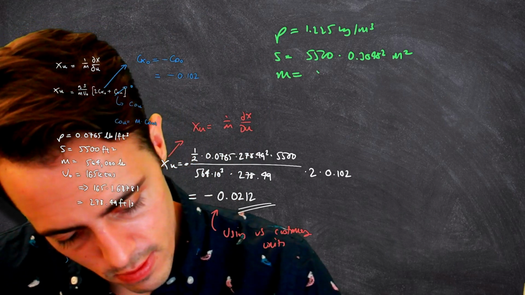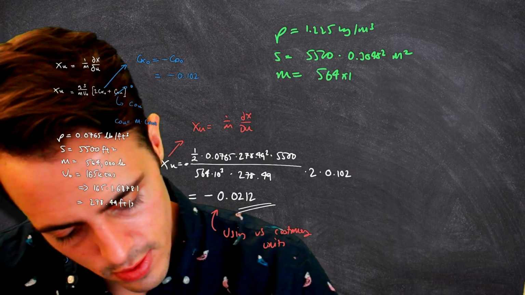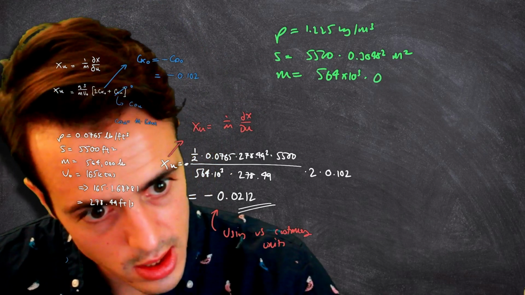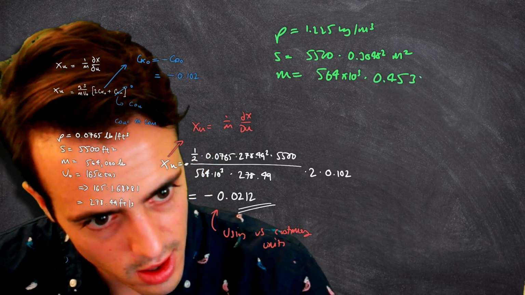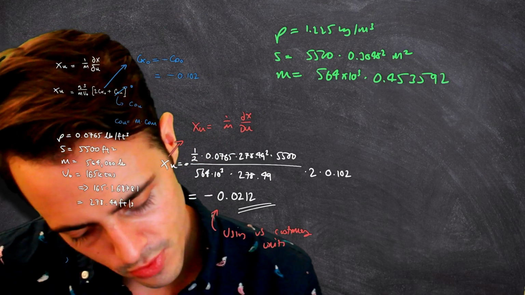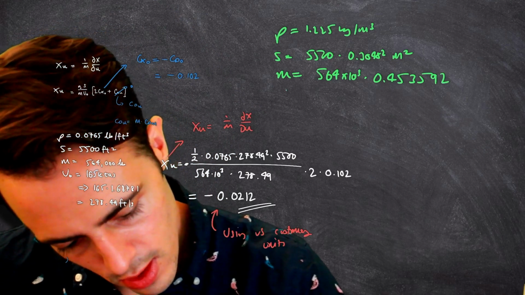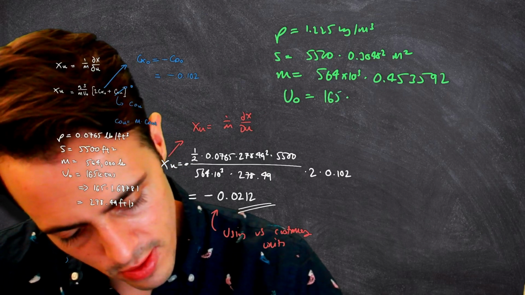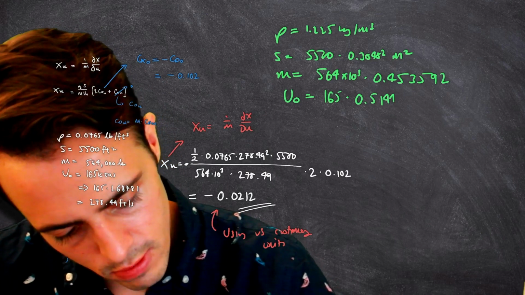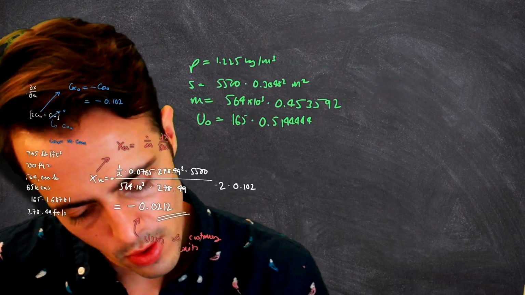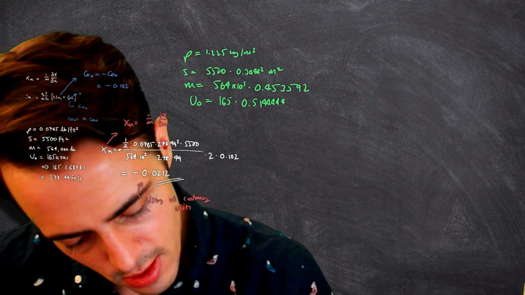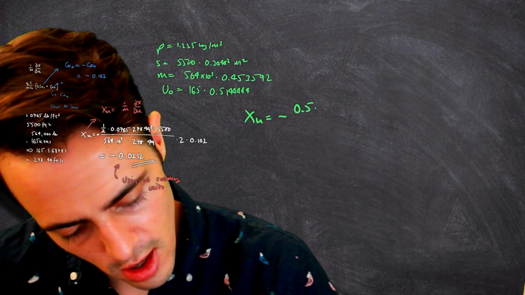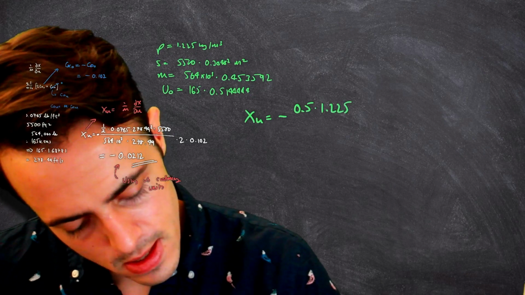So it's 564 times 10 to the 3 multiplied by 0.453592. And then U naught is going to be equal to 165 multiplied by 0.514444.